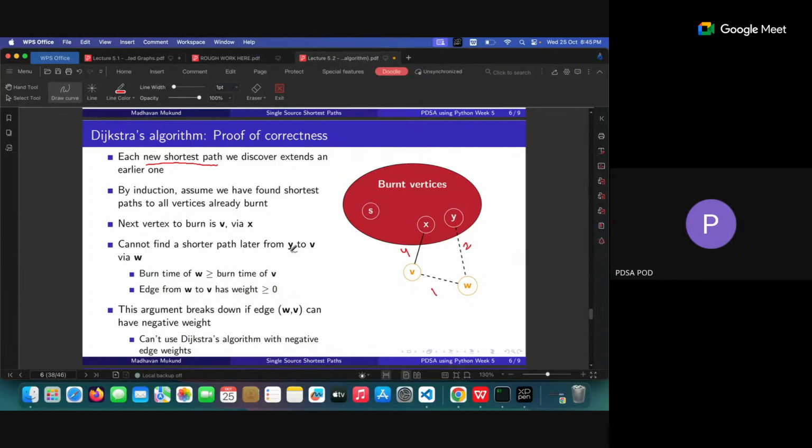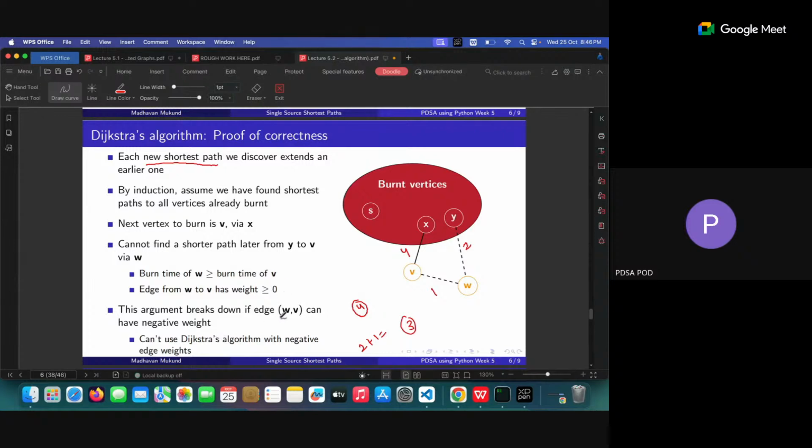Cannot find the shortest path Y to V. Y to W is 2, and W to V is 1, so the total weight is 3, because it is 2 plus 1. But through X we already burned, because X is not linked to W, so it directly finds X to V only, even though the distance is 4. The edge from W to V has weight more than 0.